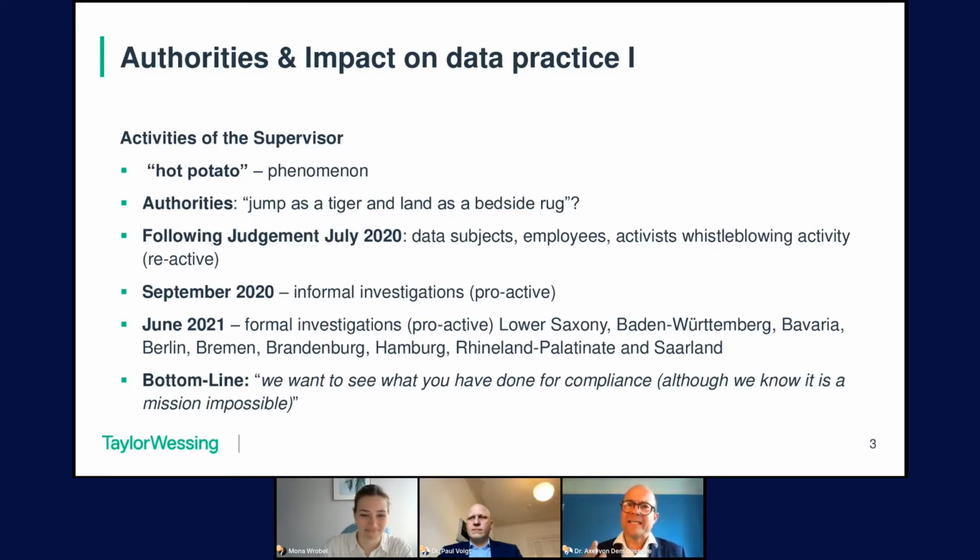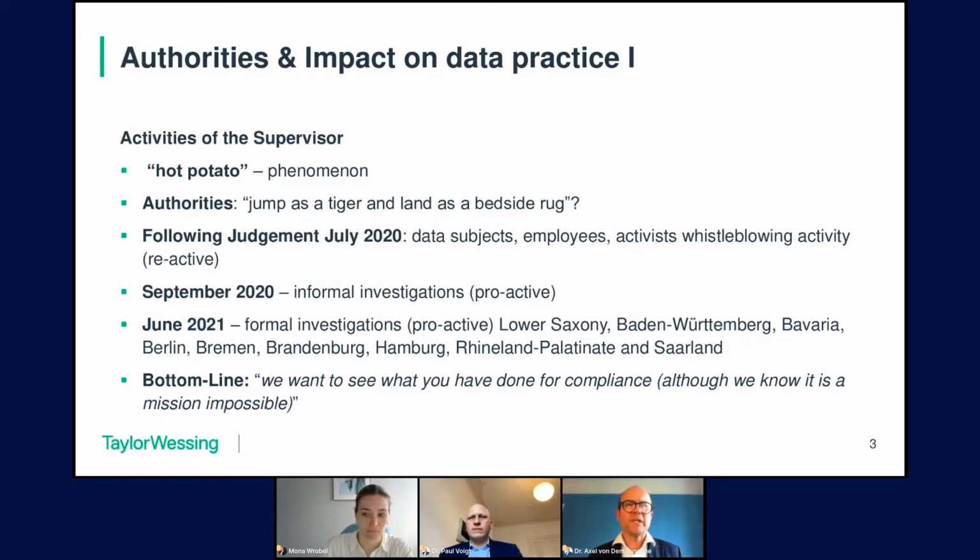But there were no fines out. And then after a year, in 2021, the authorities went a step further. They made what I want to call a big due diligence. They went out with so-called questionnaires. Not all of the authorities, but the authorities who participated are on the slide there.